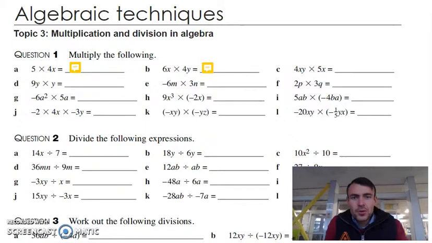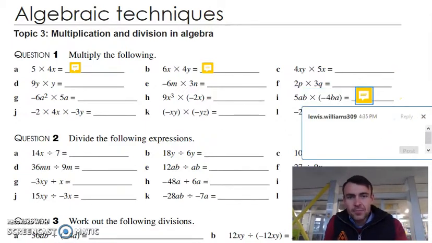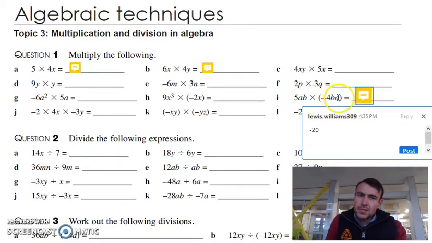Grabbed a calculator, I put in 5 times minus 4 out in front, and I got minus 20. And then the rest of it, well, a times b, and b times b, and a times a, well, that's going to be a squared and b squared. That's the b times b and the a times a. It's just a shorter way of writing it.